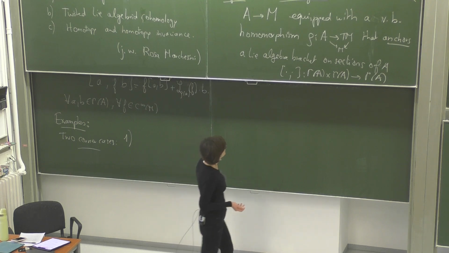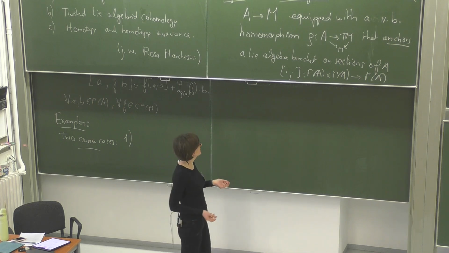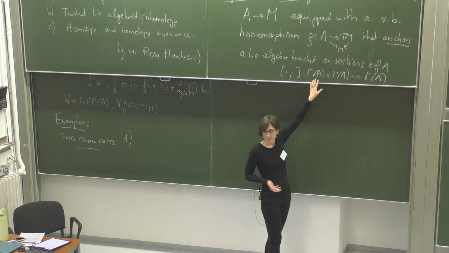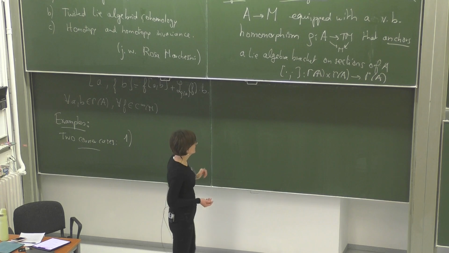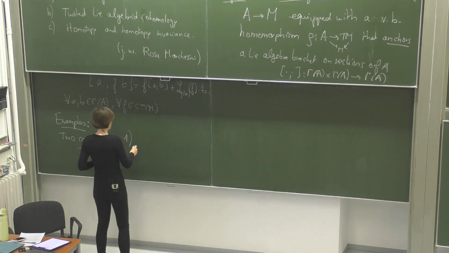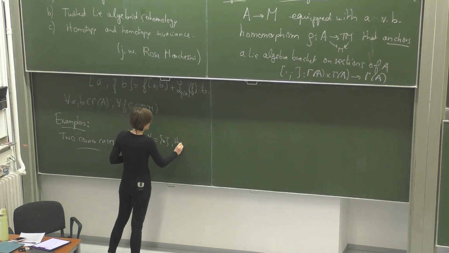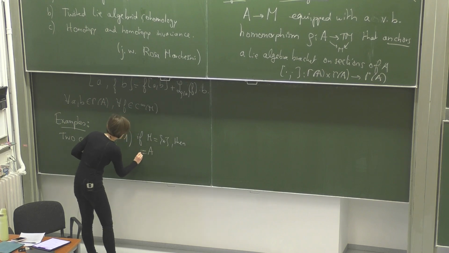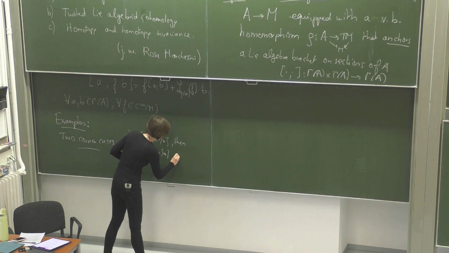Your vector bundle is just a vector space because the base is a point, and your space of sections is just the vector space itself, the elements. And then you just have a Lie algebra structure, a finite dimensional real Lie algebra. So if M is a point, then you call A by g, and you just get a real Lie algebra.